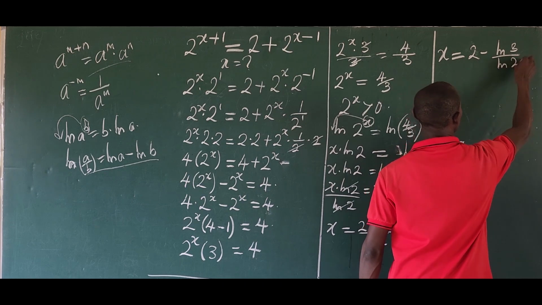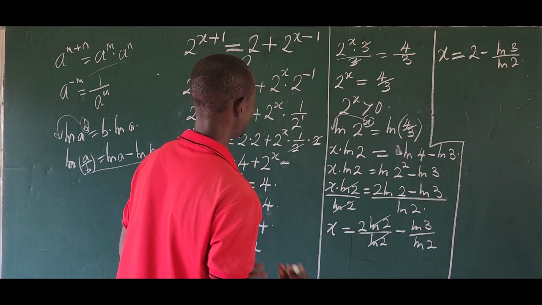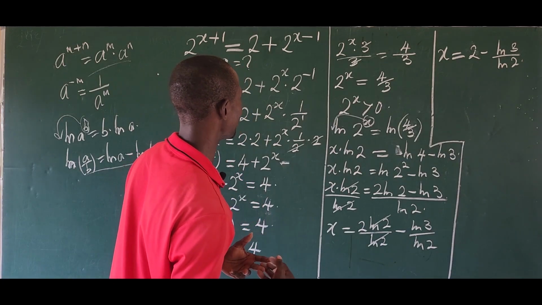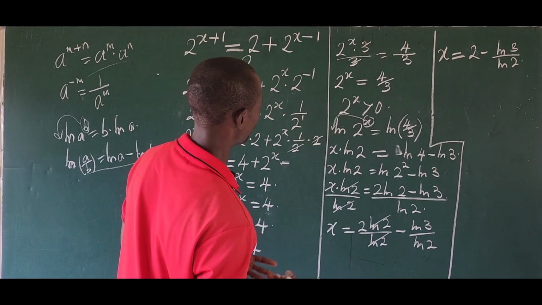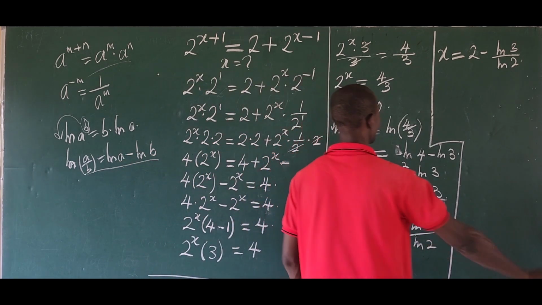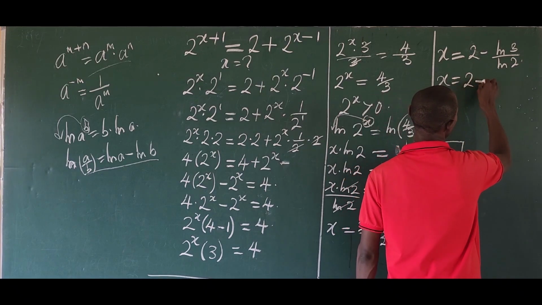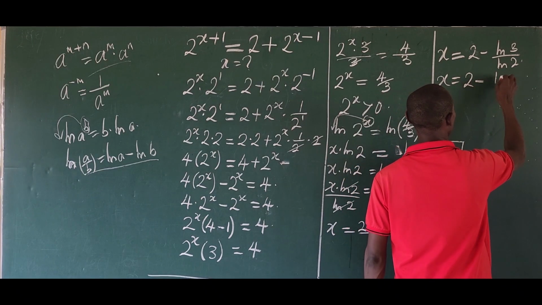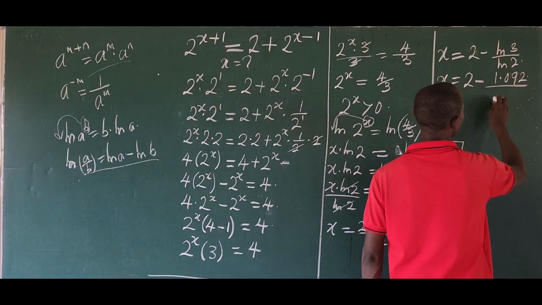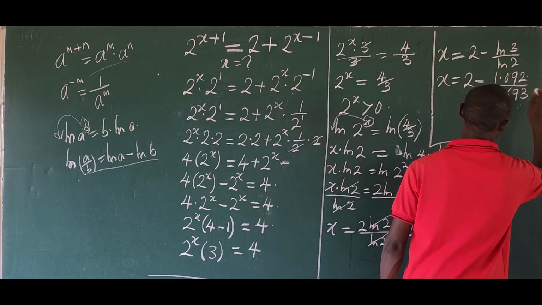So we can get the numerical value for the ln of 3 and that of ln of 2. The ln of 3 is 1.099, and the ln of 2 gives us 0.6931. So rewriting this, we have x equal to 2 minus 1.099 all over 0.693, right?